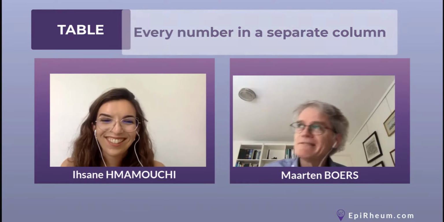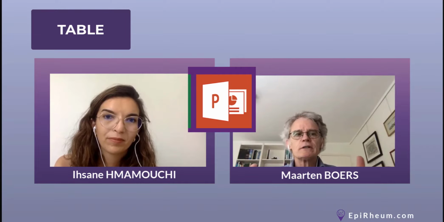And PowerPoint is sort of a simple Word. So if you have a good table in Word and no formatting, then you can put it in PowerPoint and edit it there to make it good. So that's tables.